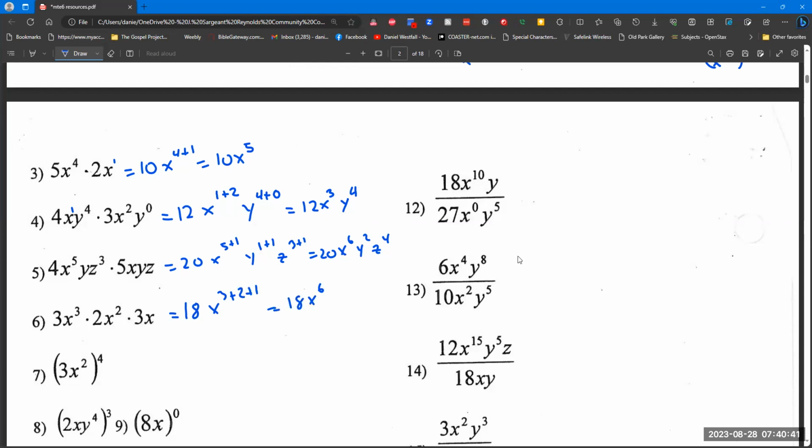Now we have that power to a power situation that I was talking about before. So this is 3 to the 1 times 4 is 4. X to the 2 times 4. 3 to the 4th is 3 times 3 times 3 times 3 is 81. And x to the 2 times 4 is 8.